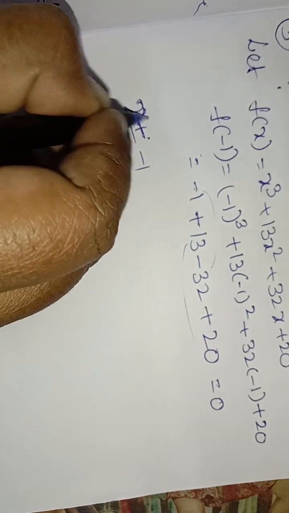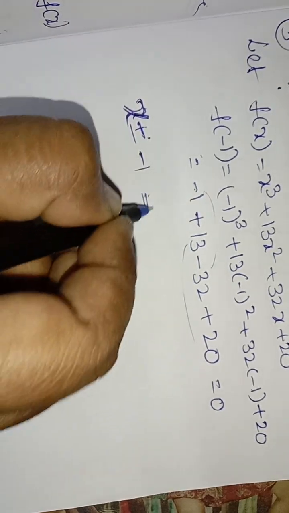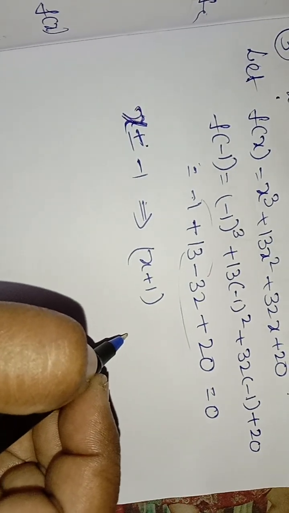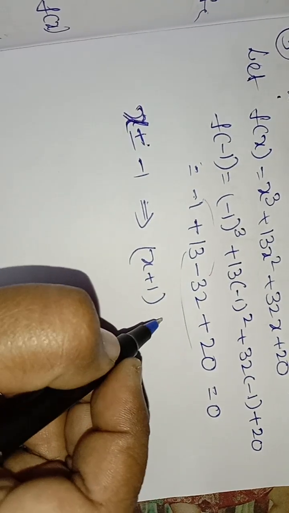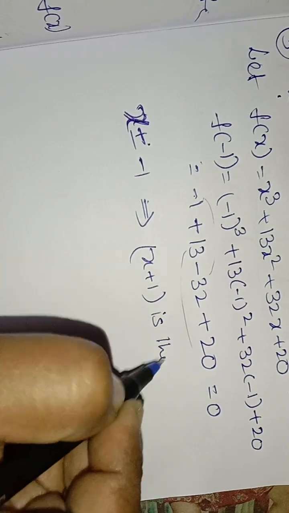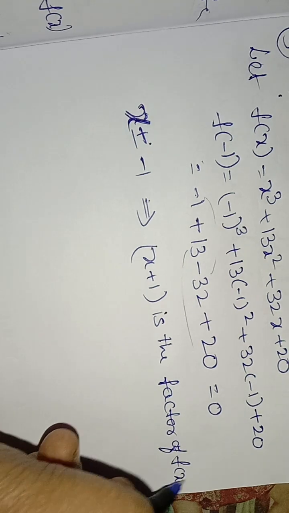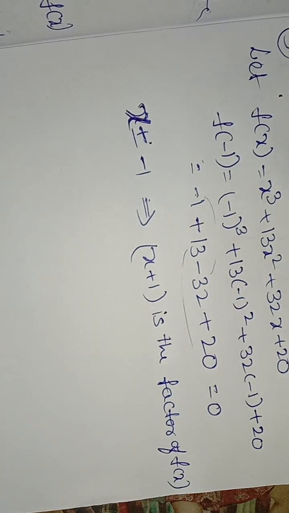Right? x equals to minus 1 means x plus 1 is a factor. x plus 1 is a factor of f of x. One of the factors we got now for f of x.